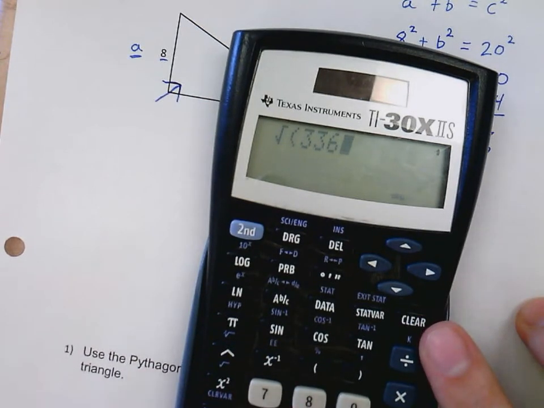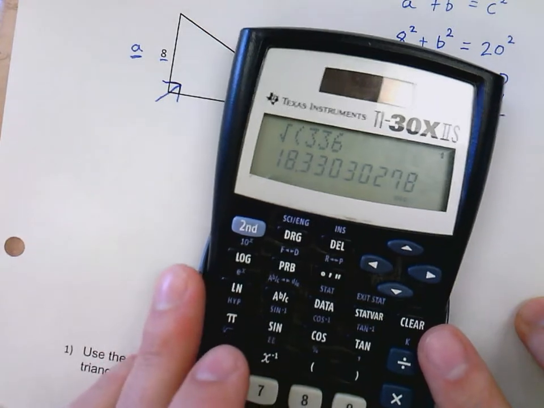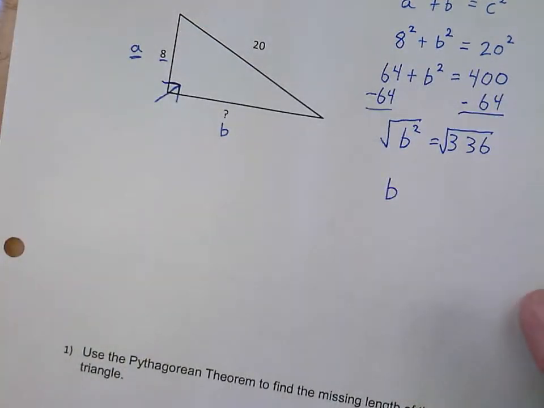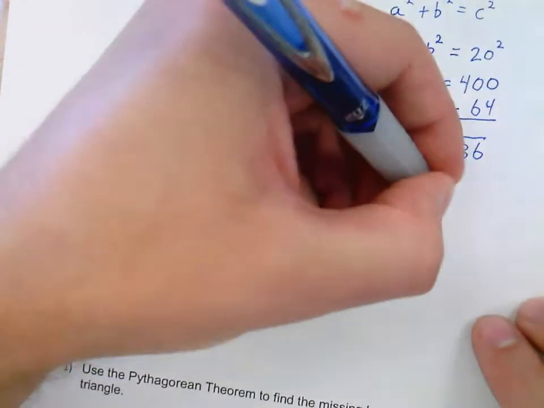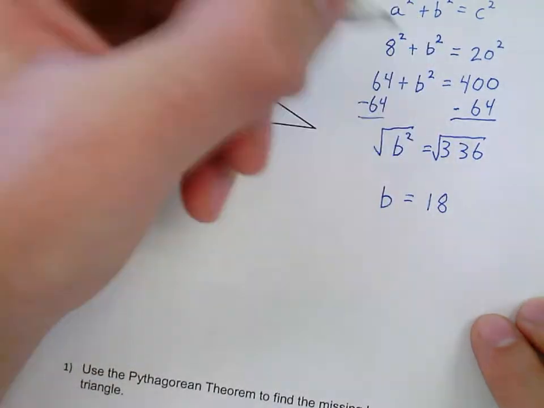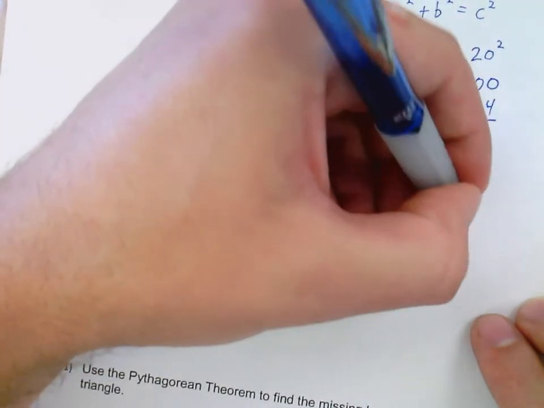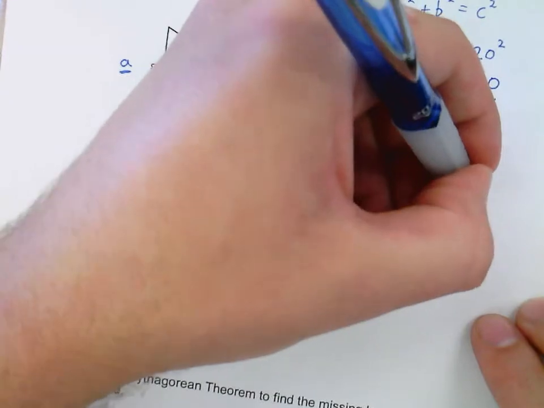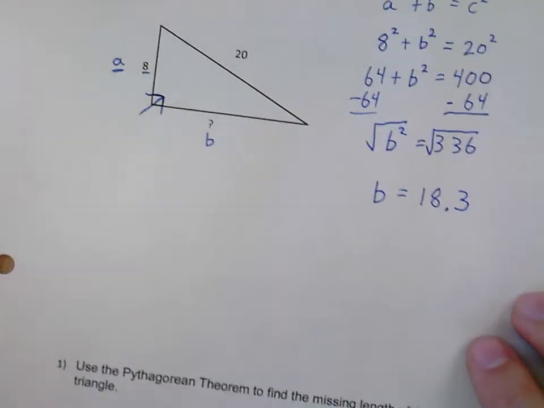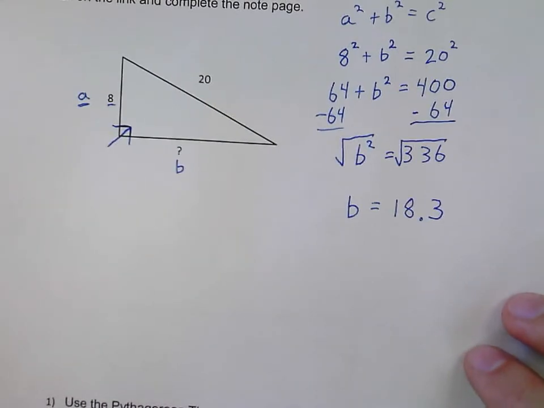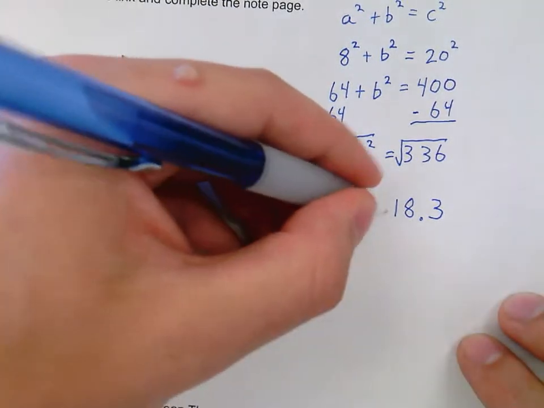The square root of 336 gives me 18.3, if I'm rounding to the nearest tenth. 18.3. Okay? And so my missing side, there it is.